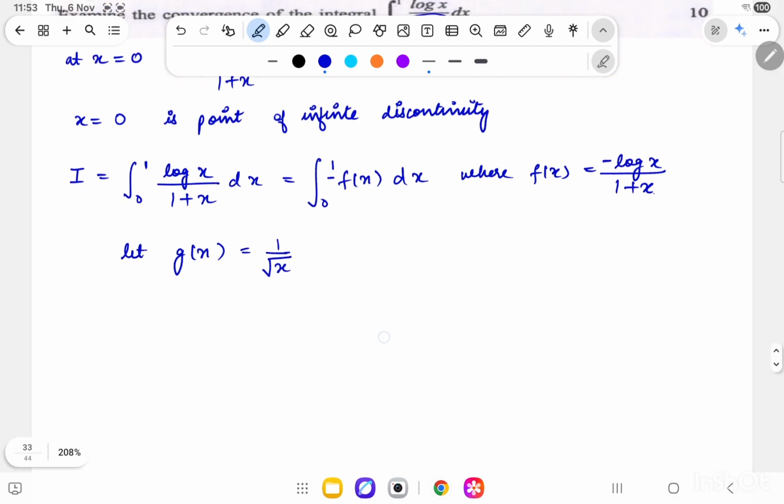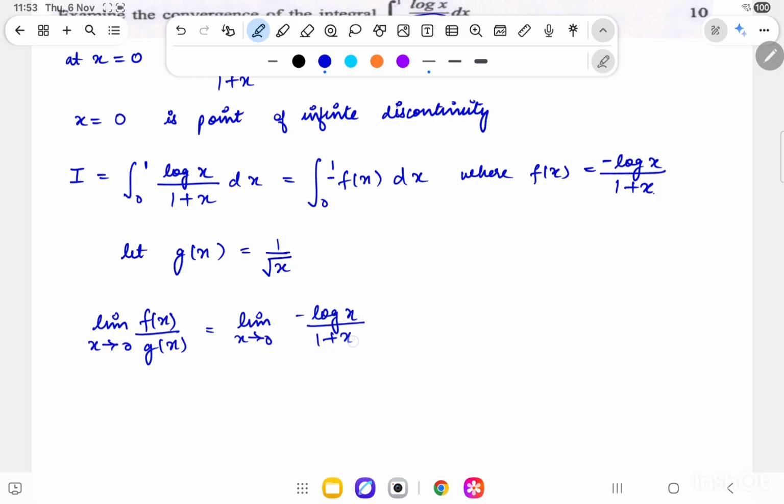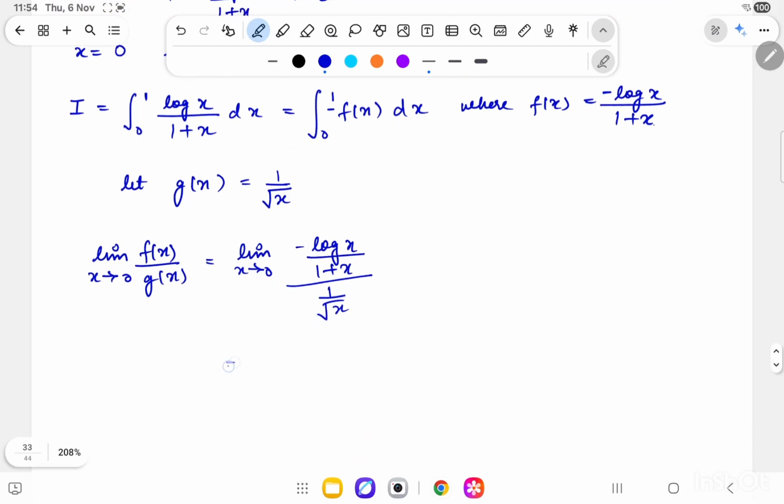Now if I check the limit as x approaches 0 of f(x) by g(x), it will be equal to limit x approaches 0 of minus log x divided by 1 plus x, divided by 1 by square root of x, which equals limit x approaches 0 of minus square root of x divided by 1 plus x times log x.